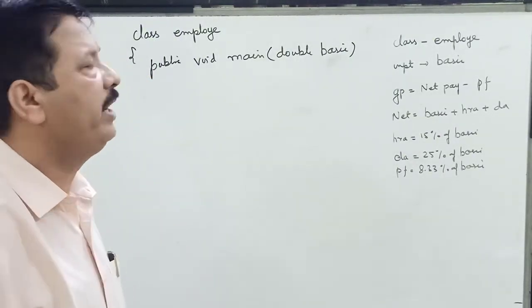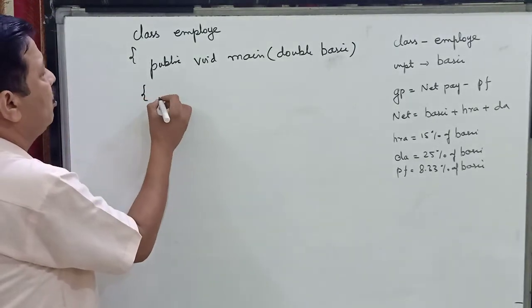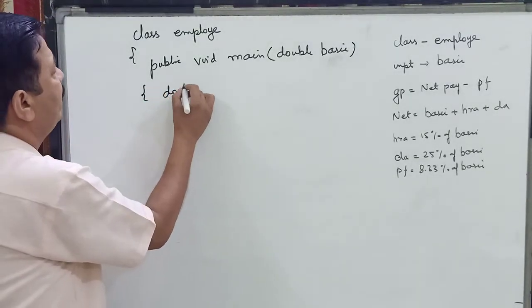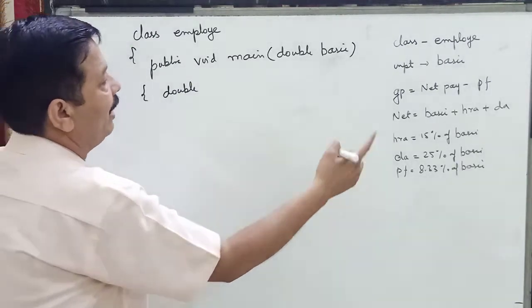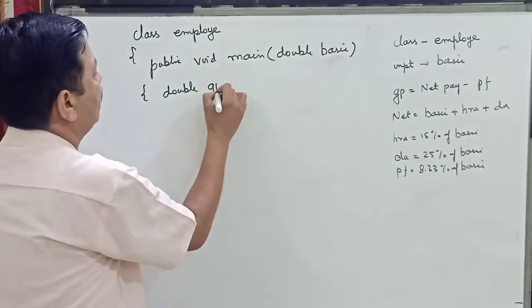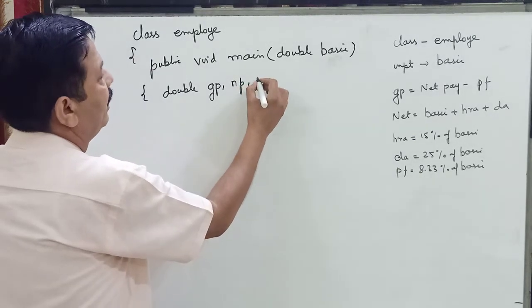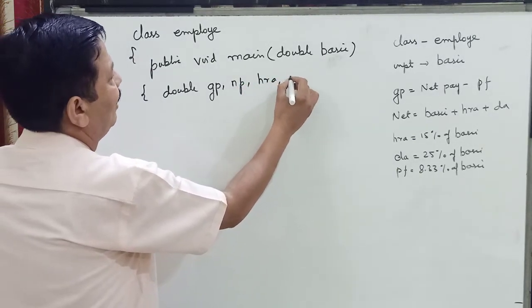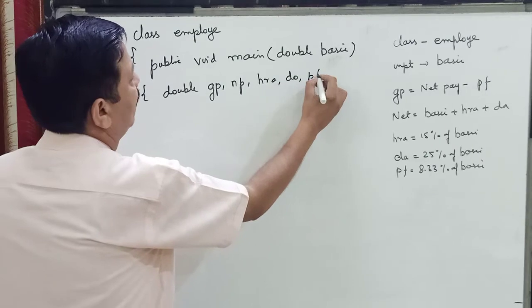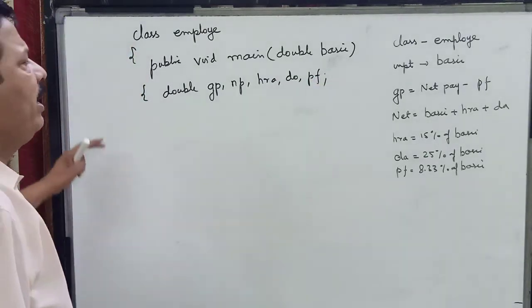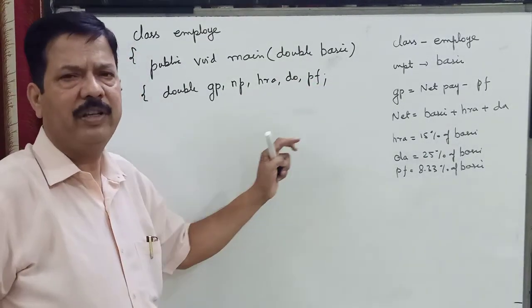Every time I am using it. So now children, I want to declare my variables in one statement. What all are the variables? I will need gross pay, I will need net pay, I will need HRA, I will need DA, I will need PF. So what I have done, I have declared all these variables in one statement.